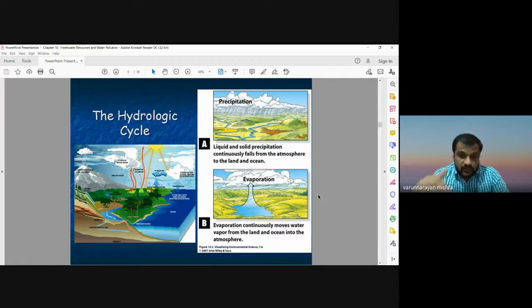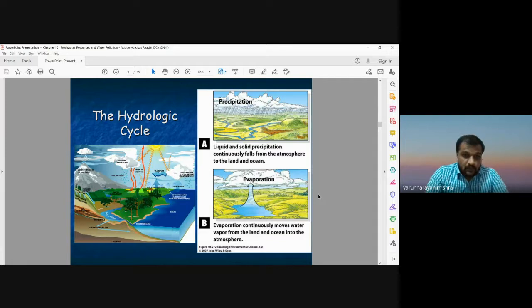Water comes to the earth's surface in the form of precipitation. It may be liquid or solid precipitation, and at the same time, in parallel, there is an evaporation process that continuously moves water vapor from the earth's surface, from the land or ocean, into the atmosphere. It is very important to understand this hydrological cycle, to know how it is responsible for the availability of water on the earth's surface.